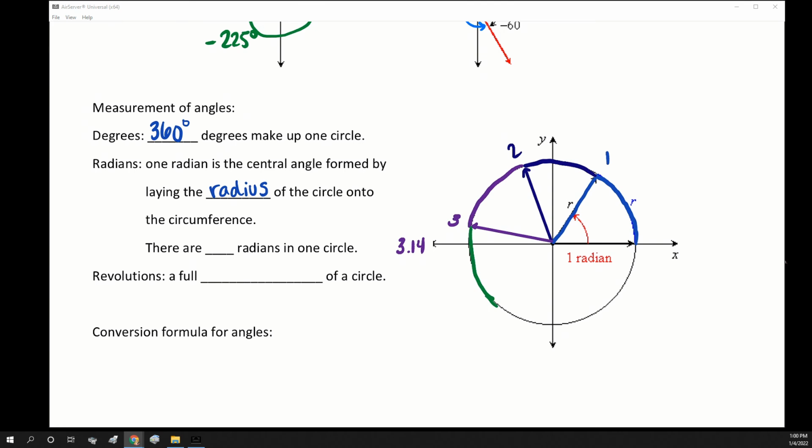Let's see, I would say it'd be about right there. Might be off a little bit, that's okay. That's going to be 4 radians. All right, lay another radius on there.